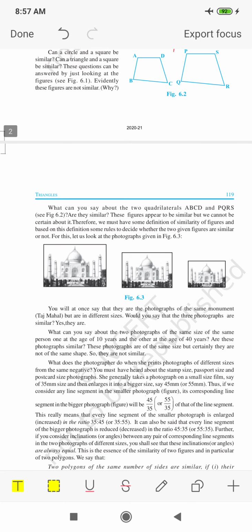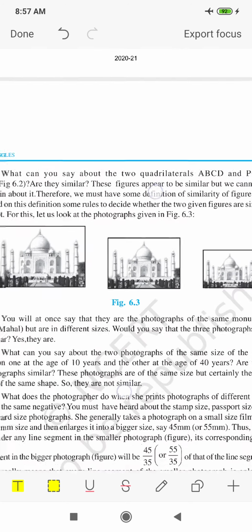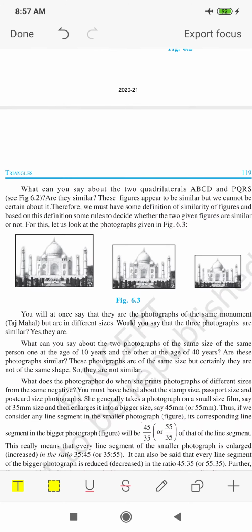See here is the picture of the Taj Mahal. Three pictures are there, first one, second and third one. They have the same shape, but they are different in size. So these three figures are similar but they are not congruent.